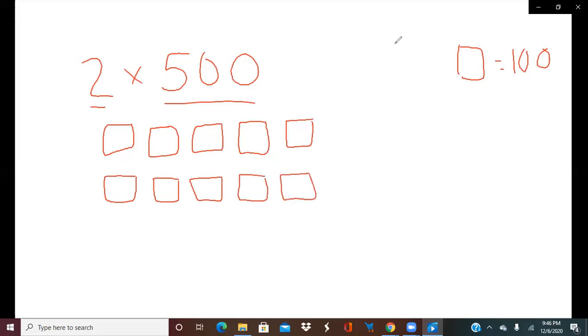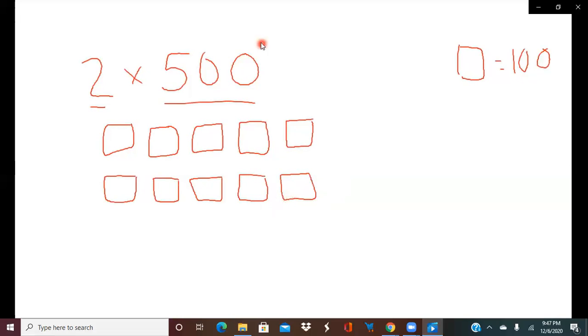All right, now let's count and see how many we have all together. Ready? Remember, each square in this problem represents 100. Off we go. 100, 200, 300, 400, 500, 600, 700, 800, 900, 1000.